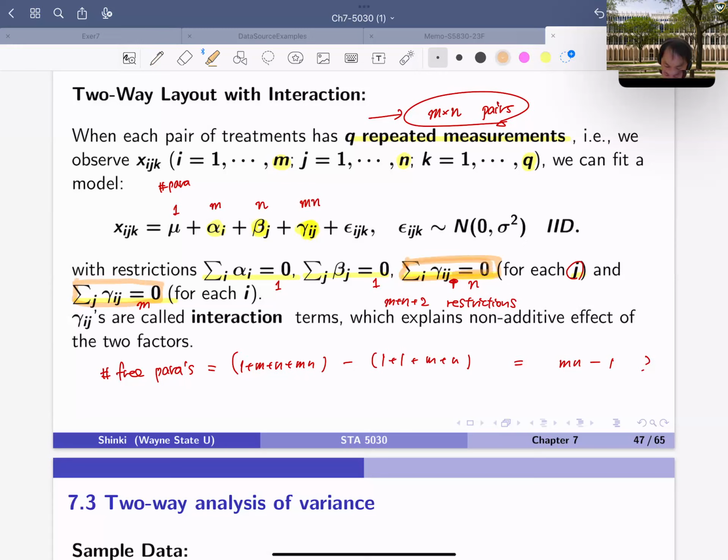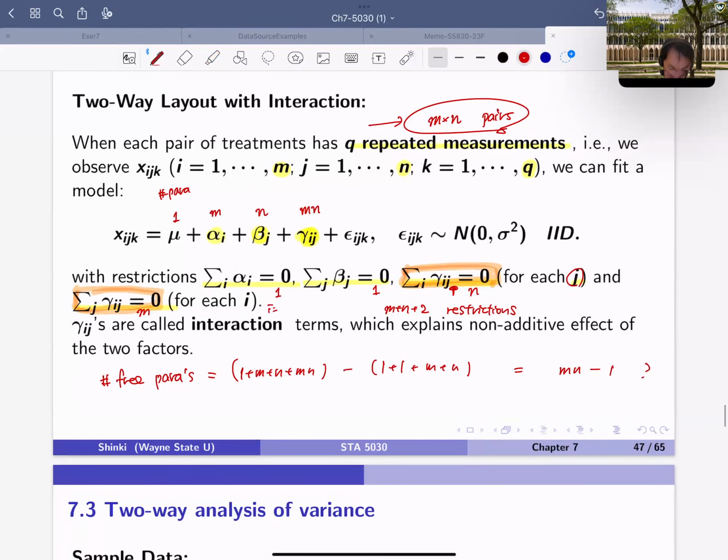If the first condition is satisfied and the second condition is satisfied for i equal to 1 to m minus 1, the remaining condition is automatically satisfied. You know that the sum of all gamma ij is equal to 0. So for i equal to m, this condition is automatically satisfied. So the number of restrictions is this minus 1, which erases this one. So actually the total number of free parameters is mn.